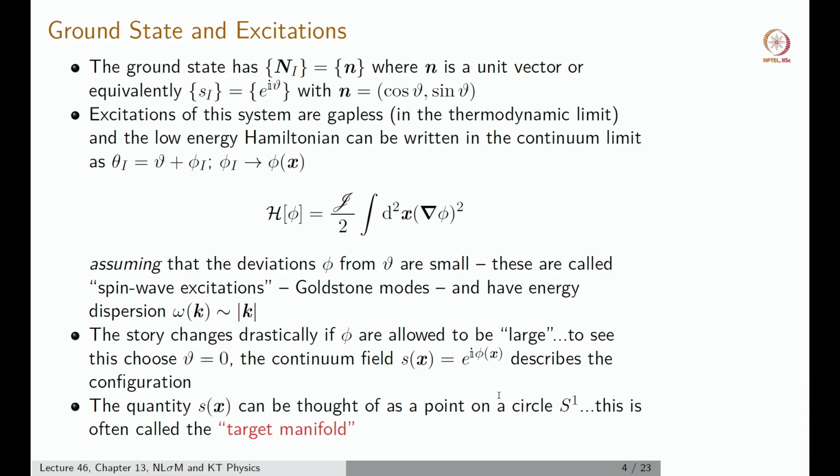In this game, this is called the target manifold. The manifold is the circle S1, and a field configuration can be thought of as a map from my arena, which is the continuum d-dimensional or two-dimensional space, to this manifold.